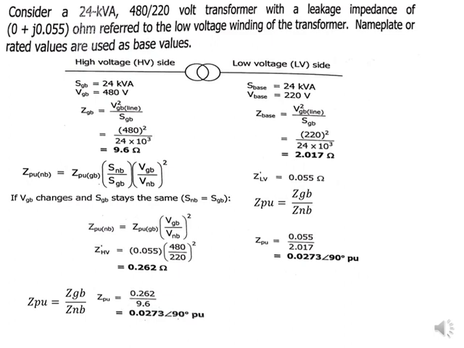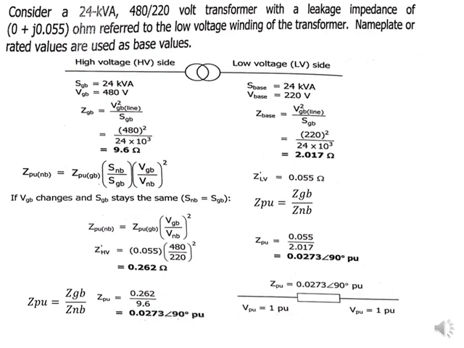So that you know, as long as you're given an impedance of a transformer, it doesn't matter if you utilize your HV voltage or you utilize your LV voltage to do any calculations on that, because that impedance is the same on either side of that transformer. So that's what this first exercise was really about.